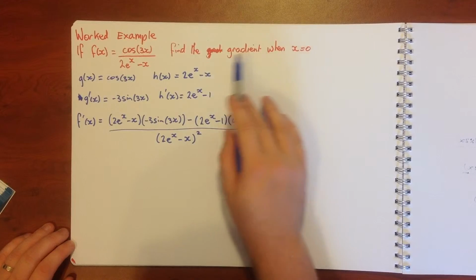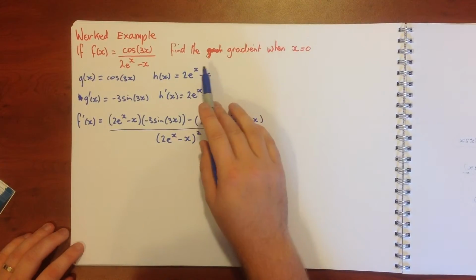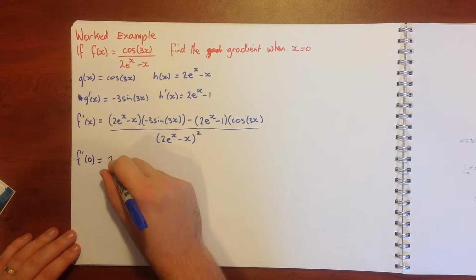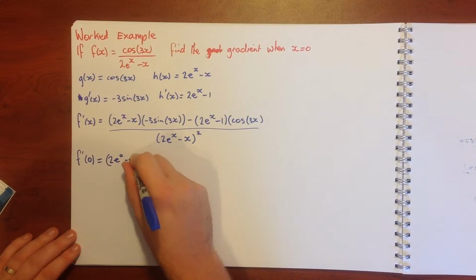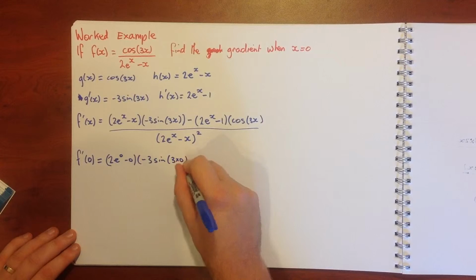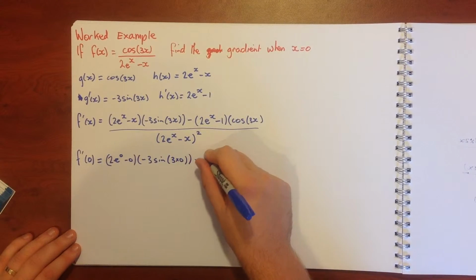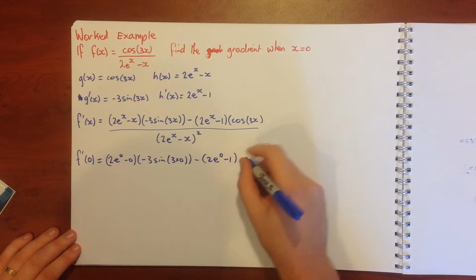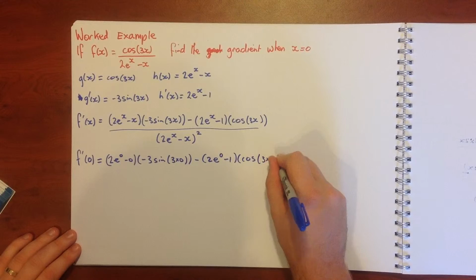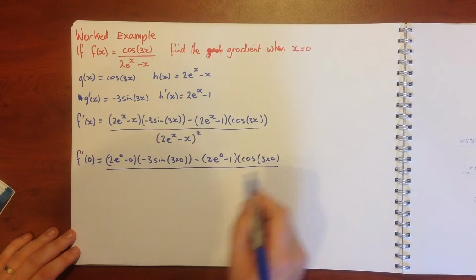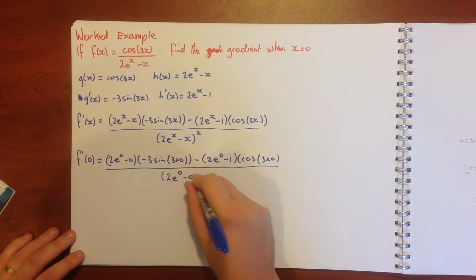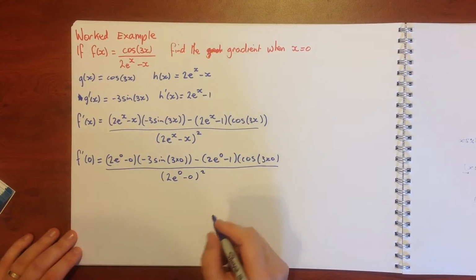So we now want to find the gradient when x equals 0. So f dash of 0 equals 2e to the 0, take 0, times minus 3 sine of 3 times 0, minus 2e to the 0 minus 1, cos of 3 times 0, all over 2e to the 0 take 0 squared.